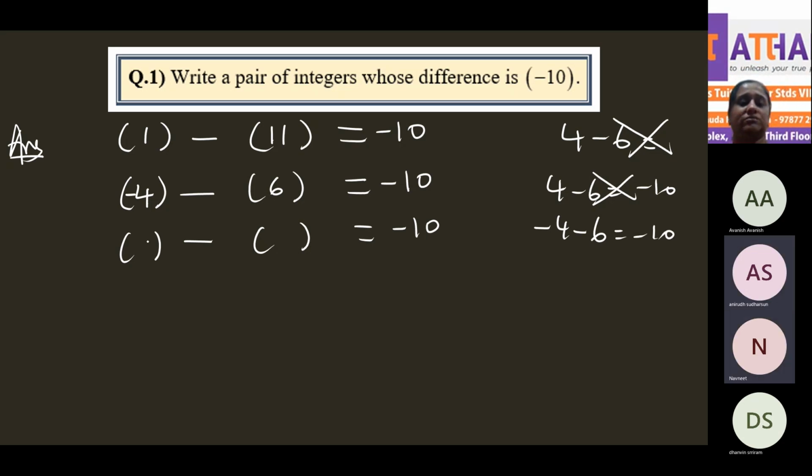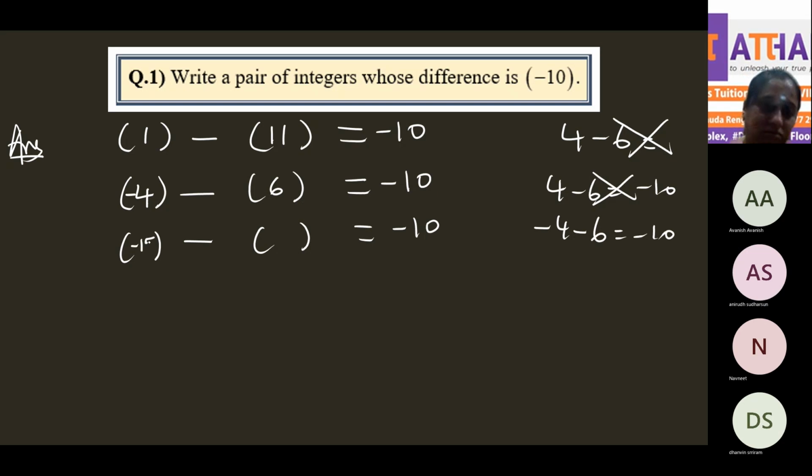Okay, next, Anirudh. Ma'am, minus 15. Plus minus 5 means it will come minus 20, ma'am. Sorry, ma'am. Minus 15 plus 5 will come minus 10, ma'am. But minus 15 minus 5 will be minus 20. No, you're correct.